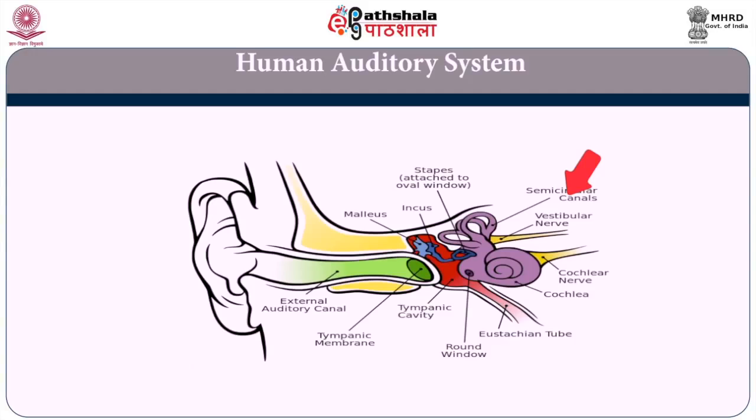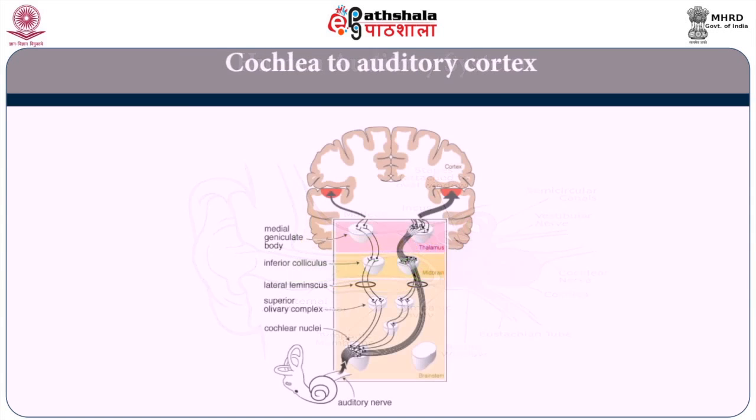The eighth auditory nerve takes the information from the cochlea to the auditory cortex, as you can see in the next picture on the cochlea to auditory cortex pathway. That is, from the cochlea, the sound travels through many subcortical structures, through the brainstem and midbrain, and then reaches the auditory cortex, which is in the temporal lobe of both hemispheres, right and left.